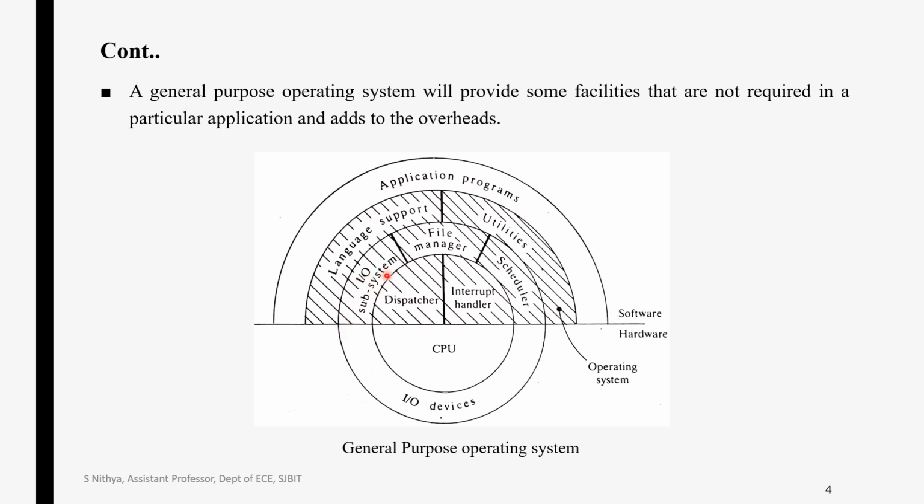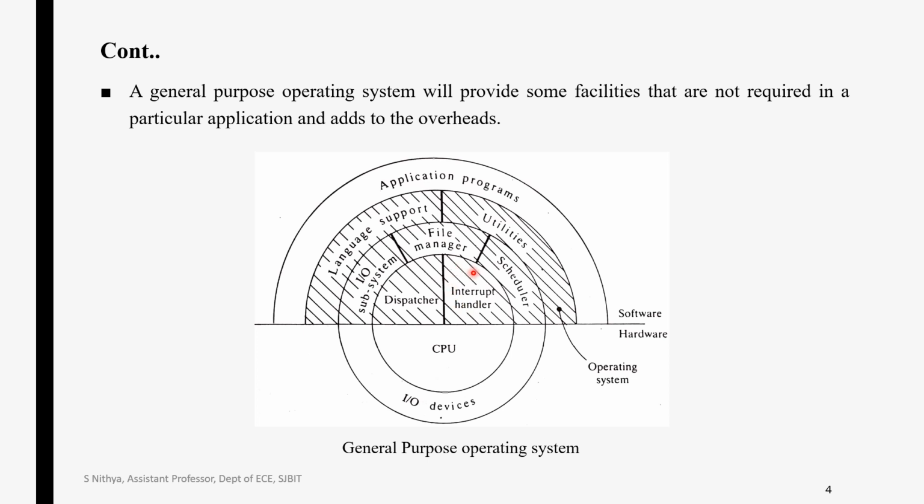The input output subsystems and the file manager, which is used to store and read data, so everything is controlled by this file manager. The scheduler is nothing but selecting the next process for execution. The dispatcher gives the selected program to the CPU for execution, and the interrupt handler handles any other interrupts that are raised.